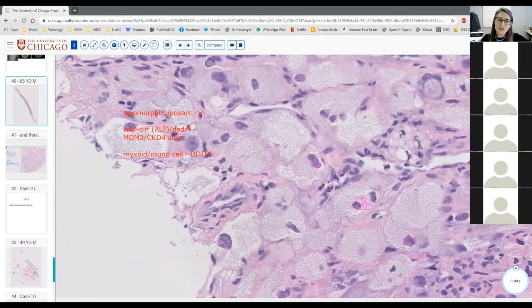Exactly. There's foamy cytoplasm that is microvacuolated, right? Usually the fat of a pleomorphic lipoblast is a little bit larger, not so finely micro, and indents the nucleus.